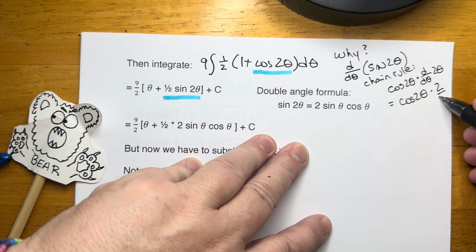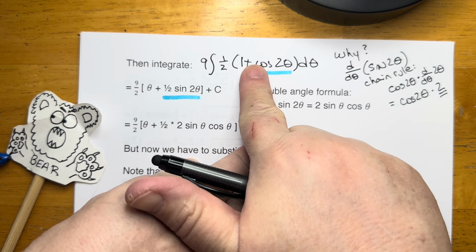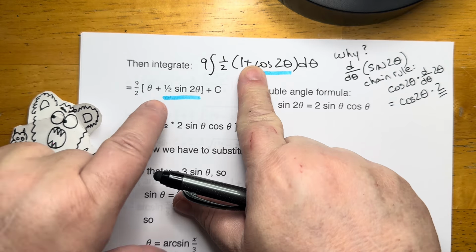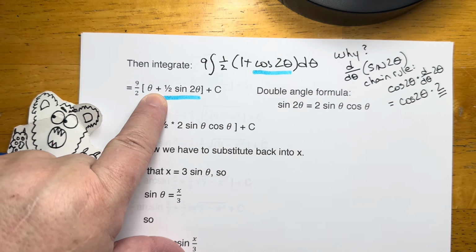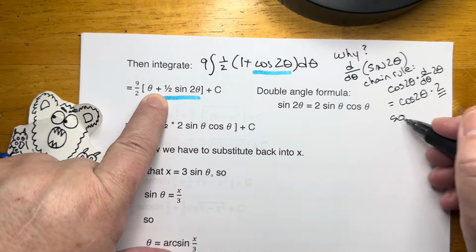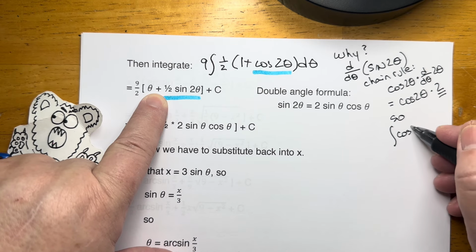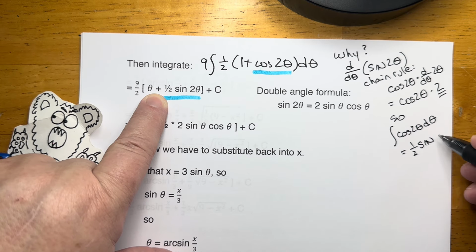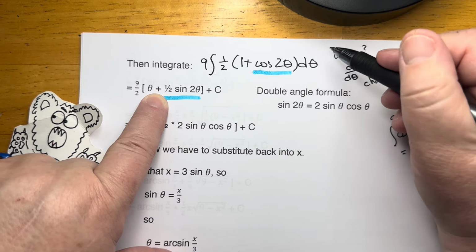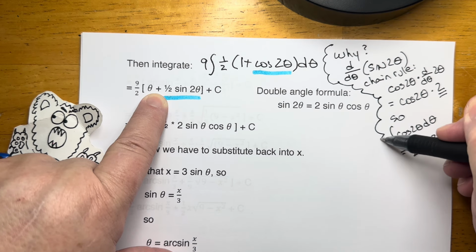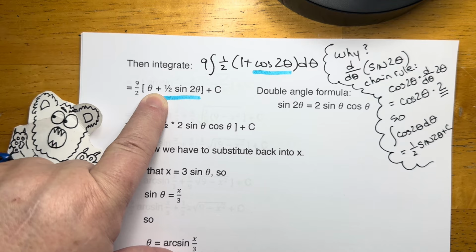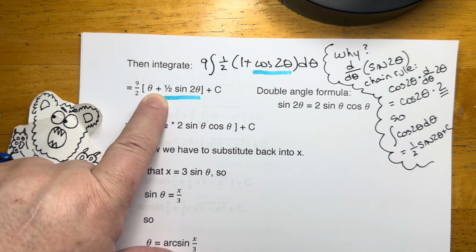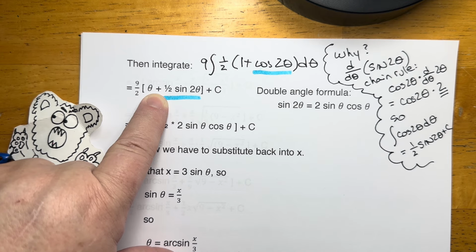So I get an extra 2 popping out, and that 2 is not there. So to compensate, my antiderivative has to have a 1/2 in it that eats up that extra 2. And again, if that doesn't make sense, please let me know. Talk to me, ask lots of questions. I would love to explain it.